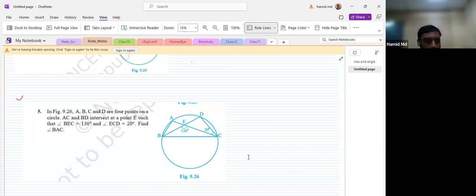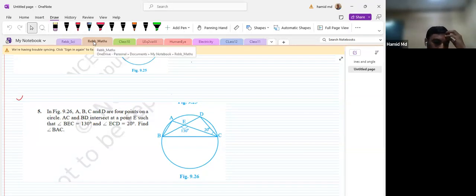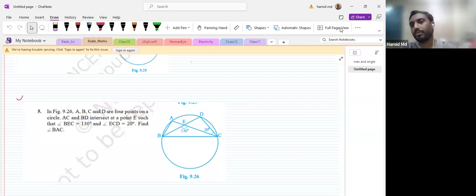Not really, because it's an extended line. You are not understanding the figure. OABCO is a quadrilateral or not? Yeah, it's a quadrilateral.